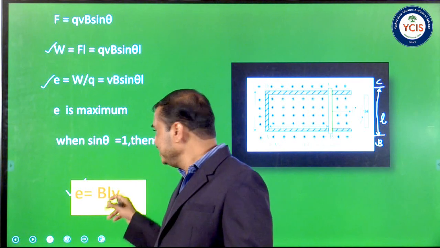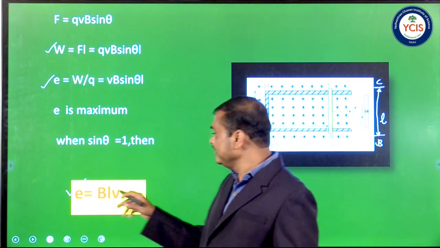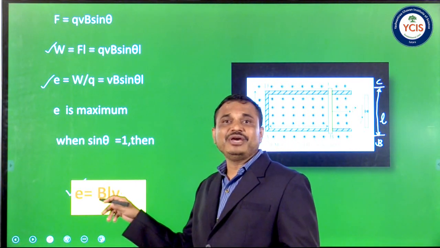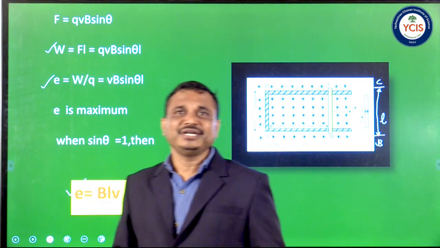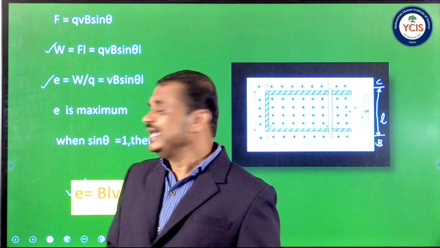On this formula there may be problems of 2 marks, where you are given B, L and v and have to find the magnitude of E. There are a lot of problems in your textbook, and it may also come as an MCQ.